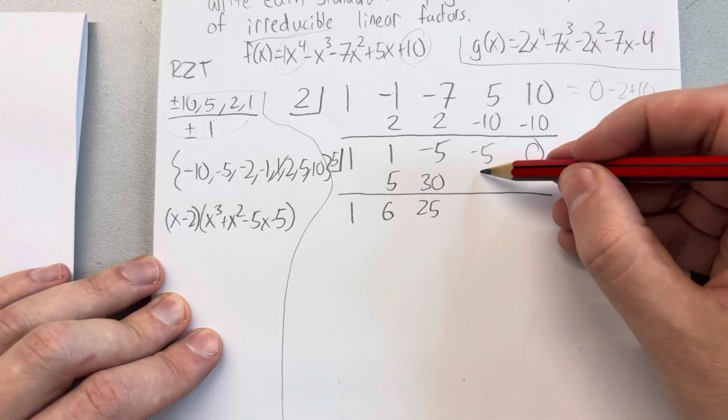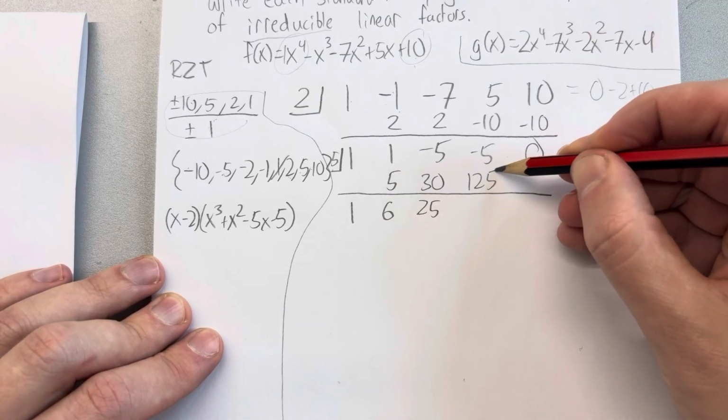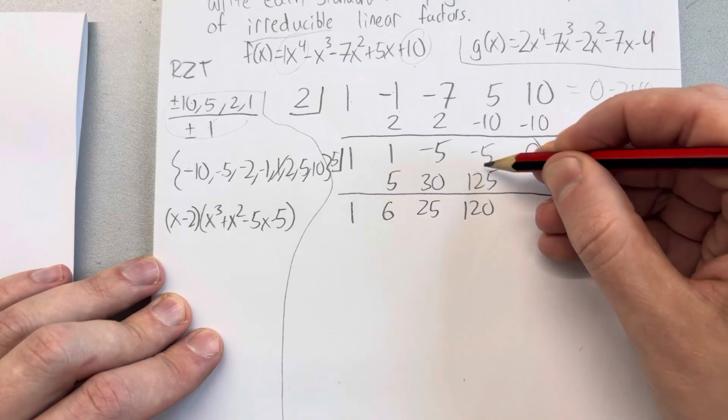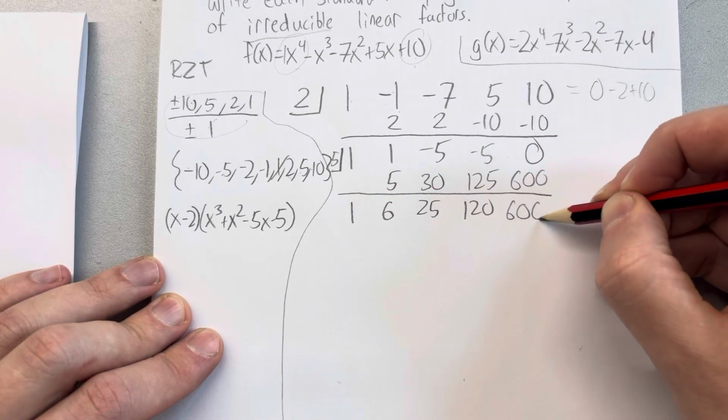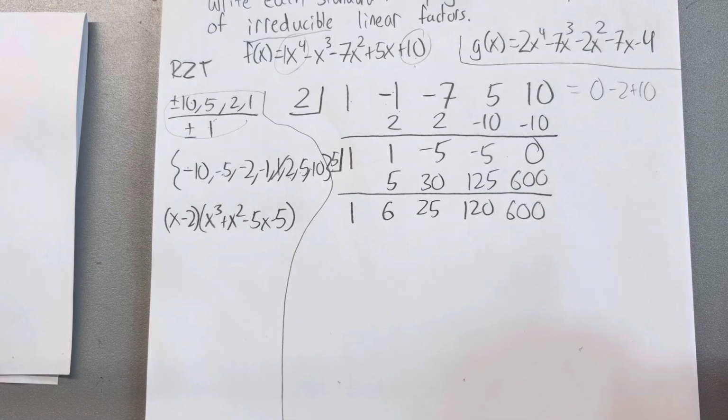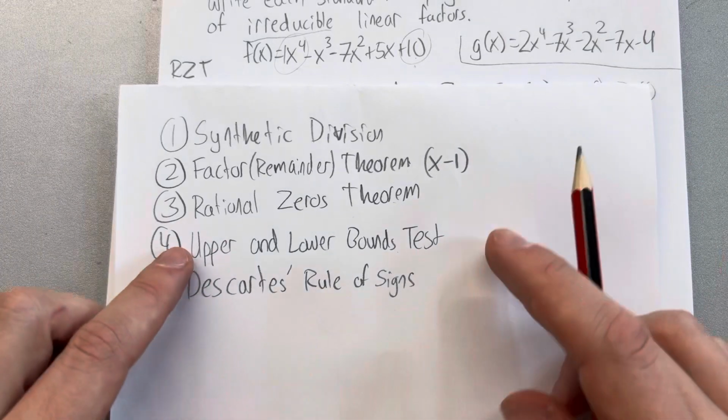Now, this is where I wish I would have left more space, but whatever. So look, I can already see it's not a factor. But this is important. Now I can use the upper bound test.